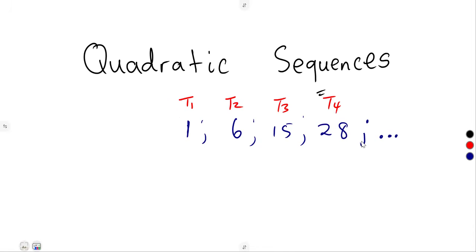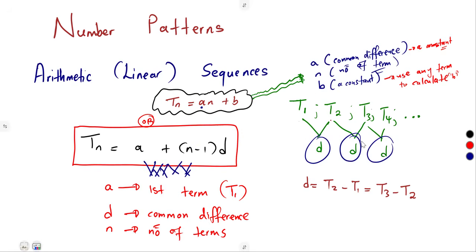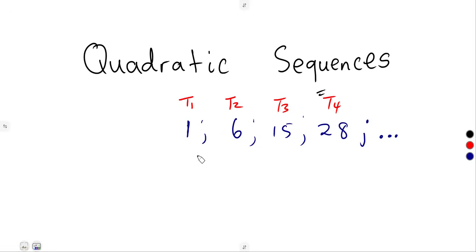In an arithmetic or linear sequence, you worked with the common difference. The differences that we obtained there were the same. But let's check here and find out what is happening. Second term minus the first term, 6 minus 1, which is 5.